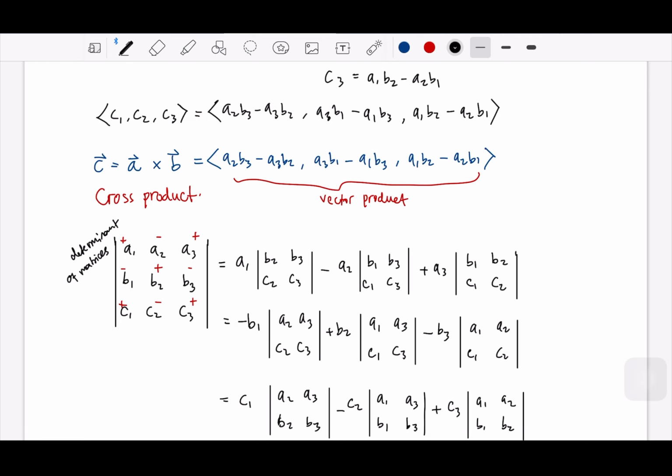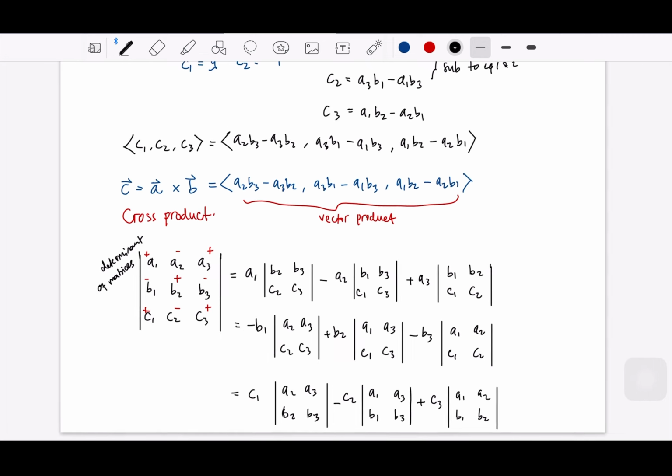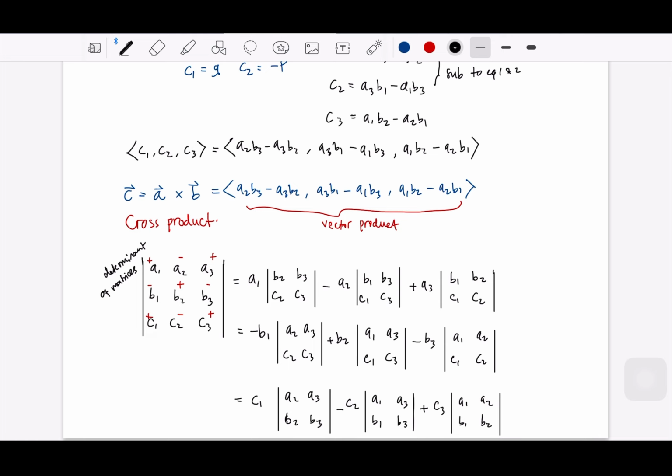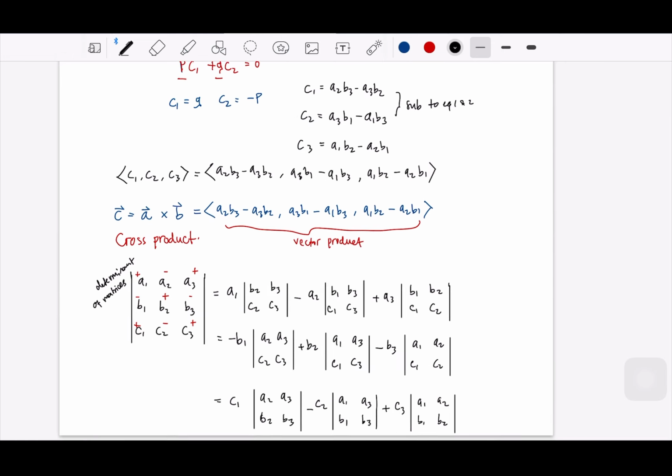So how do we apply this cross product? Usually we apply it in terms of the standard basis vectors i, j, and k.